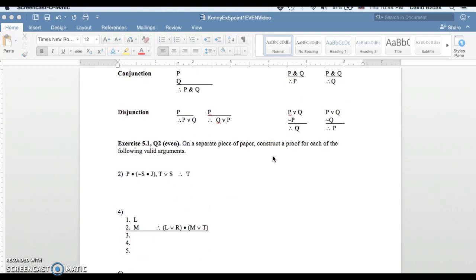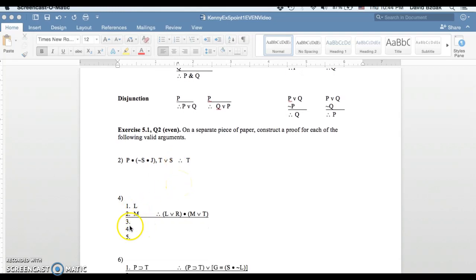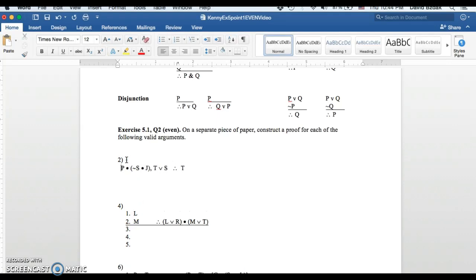I also want to show you how to set these up. I've done most of them, but when you look at the Q2 problems, they're generally like this. They have premises separated by commas, and then the conclusion separated with this 3 dot symbol. Okay? But when you do a proof yourself, you have to set it up like this down here, vertical. So what you do is you number each premise, and again, it's the commas that separate the premises.